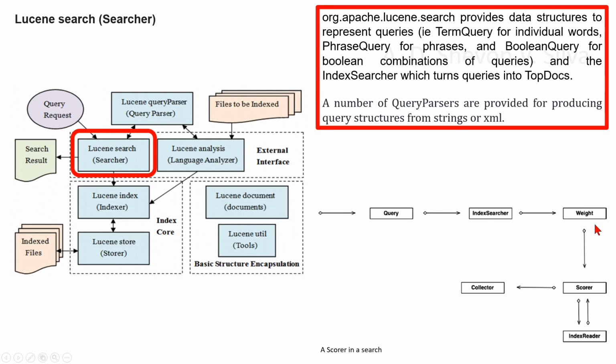Class Weight, expert: calculates query weights and builds query scorers. Class Scorer, expert: common scoring functionality for different types of queries. A scorer exposes an iterator method over documents matching a query in increasing order of the doc ID.